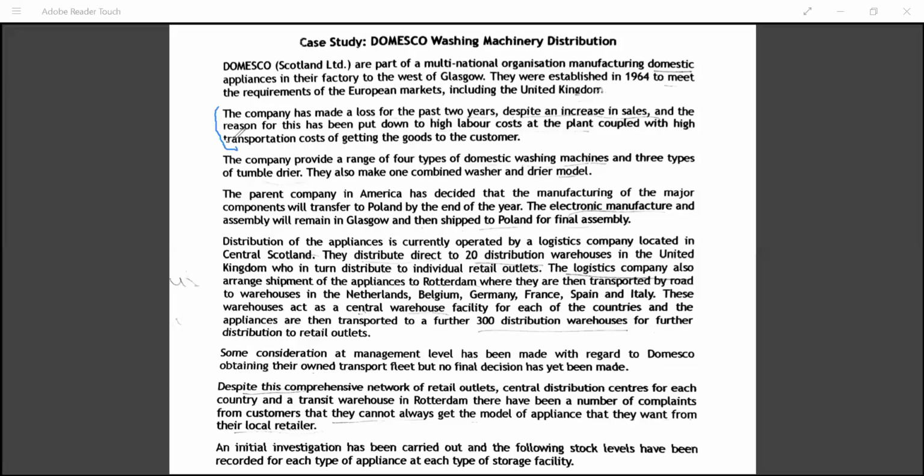Savings due to cheap labor in Poland will be offset in this way, meaning whatever advantages you are trying to have by moving to a cheaper economy, you want to gain the advantage of labor costs, but that would be given away with the increase in transportation cost. So it's a zero-sum game.